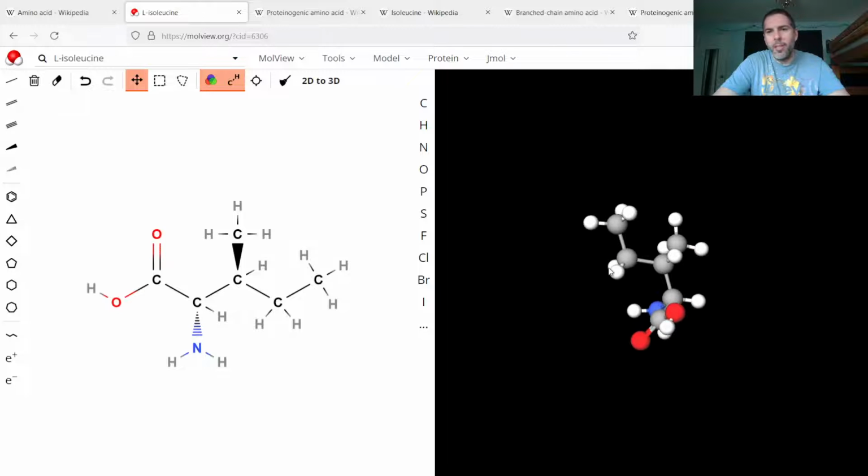And you can tell that it's very hydrophobic. It's just this hydrocarbon side chain with the branch coming early, and then you have this 2-carbon unbranched hydrocarbon here at the end.